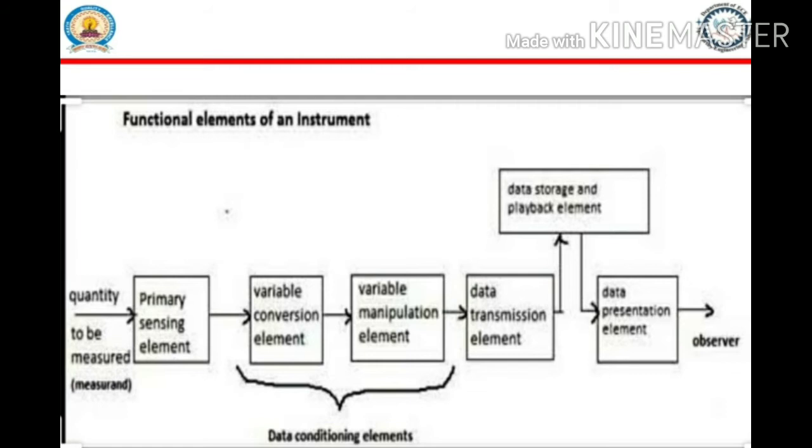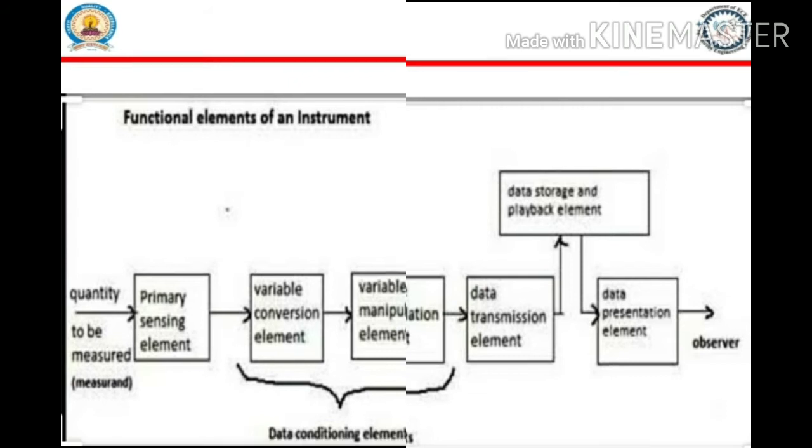One is sensing the physical quantity and the other is transduction operation. So after sensing and converting the physical quantity from one format to other format, or one variable to other variable, for next stage convenience purpose, then coming to intermediate stage.